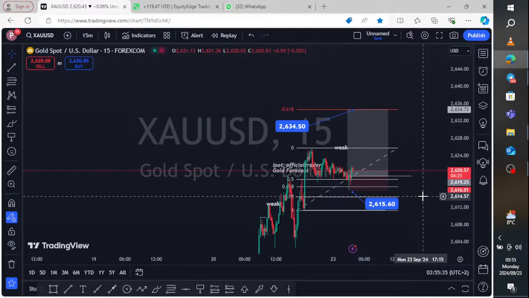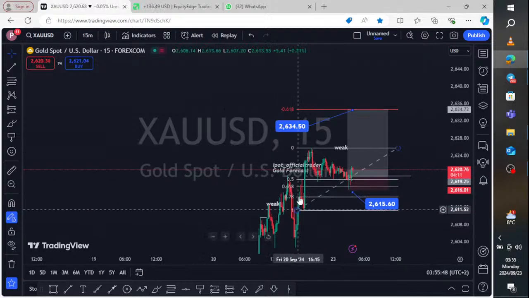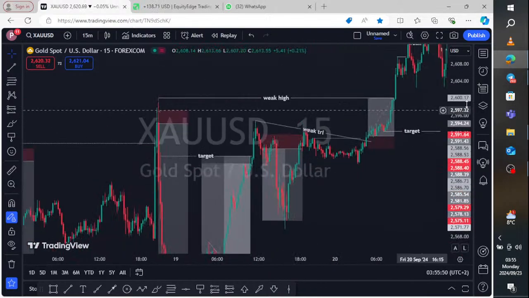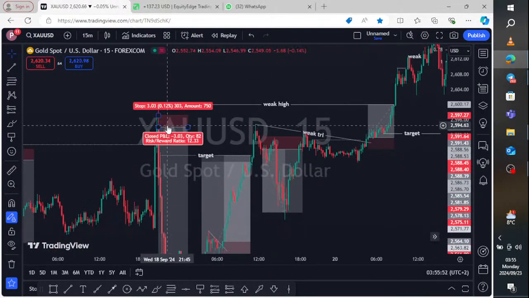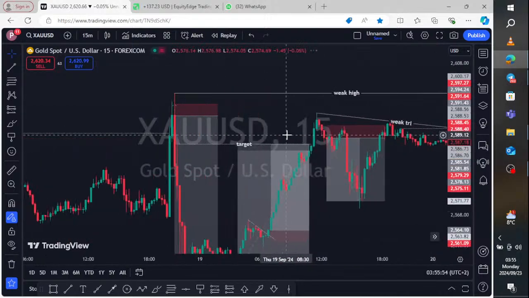The only time we can start looking at proper selling opportunities is if the current highs that gold leaves are proper rejection highs. And when I say rejection, I don't mean it leaves a candlestick like this one. When I'm talking about rejection, I'm not talking about a candlestick like this. Yes, this has a lot of rejection, but I'm not talking about candlestick rejection.